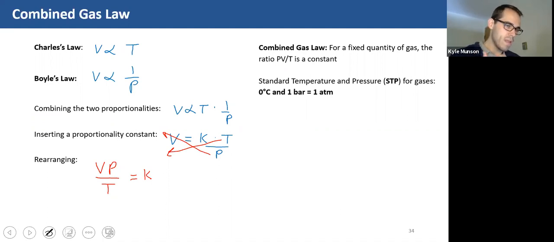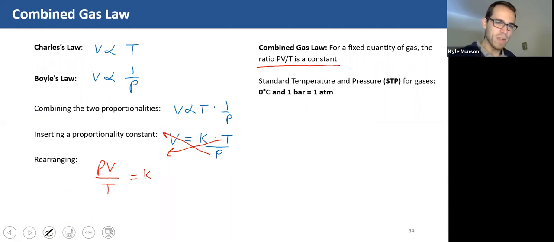And so what this is saying is, for a fixed quantity of gas, the ratio of PV divided by T is a constant. I wrote VP, but let me change it so it's consistent, just so it matches the notes in the top right here.